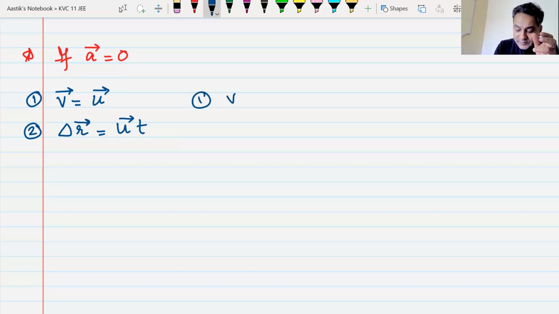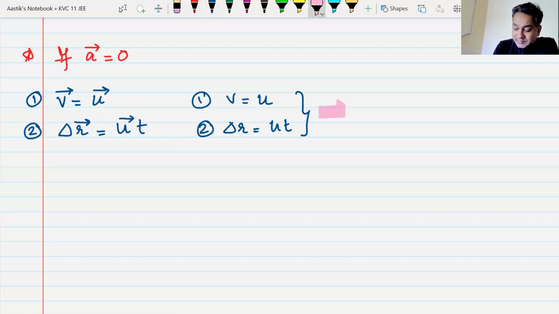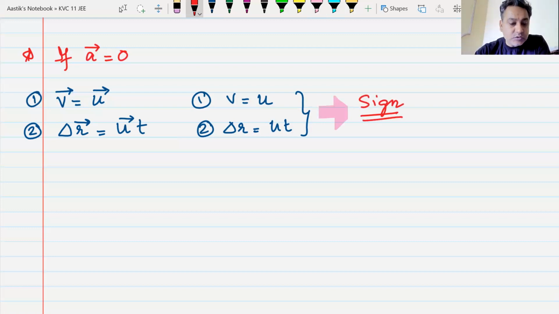If I write it without the vector, it will be V is equal to U, and delta R will be equal to U into T. But remember, whenever you are using these equations, they must be used with proper sign conventions. Without the sign convention, if you are using these equations, you would be committing a mistake.